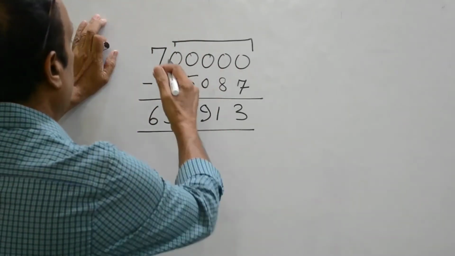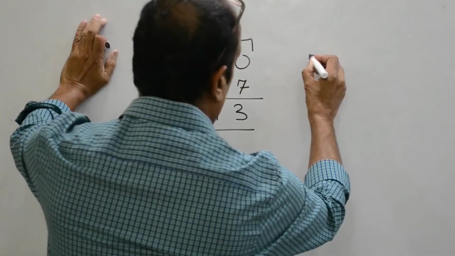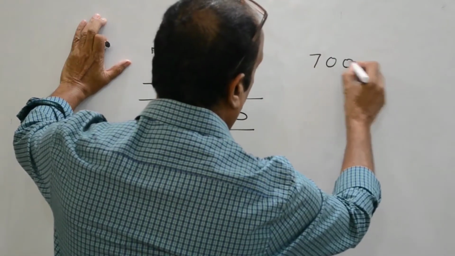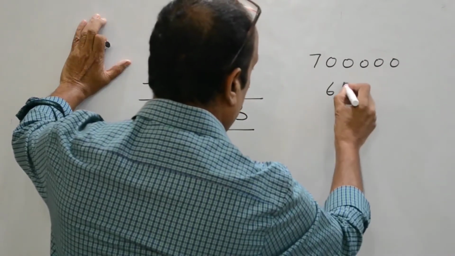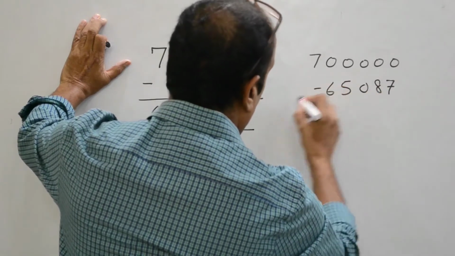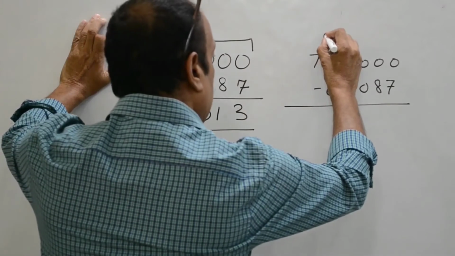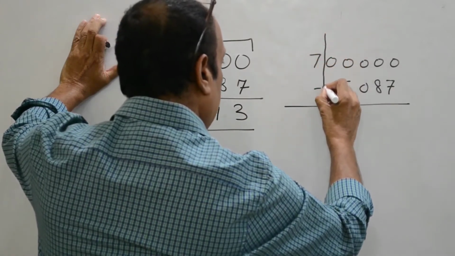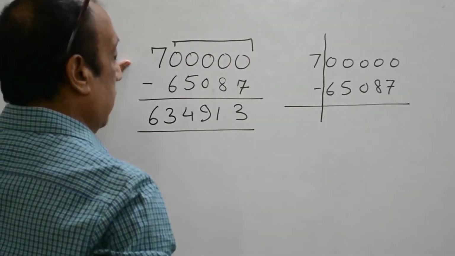Let us do this sum again to understand the process. So 7 and 5 zeros, and we have to deduct 65087 from this number. Put a line over here where the zeros of the upper line are starting.